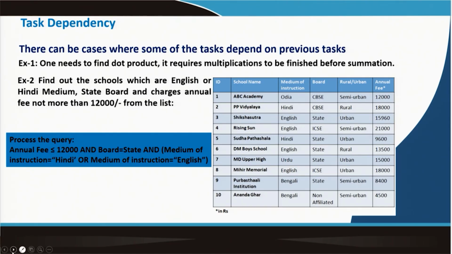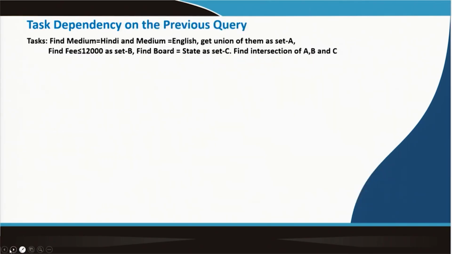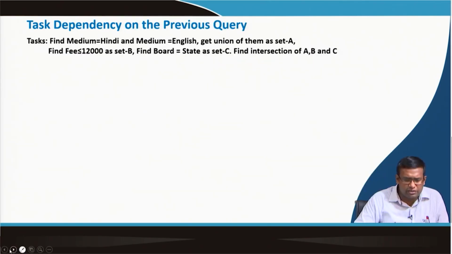Now, if we look into this particular query processing exercise, we will see that there are a number of tasks. What are these tasks? We'll look into the task graph to understand that. The first task is to find medium Hindi and find medium English, these two, because the school has to be either of them.